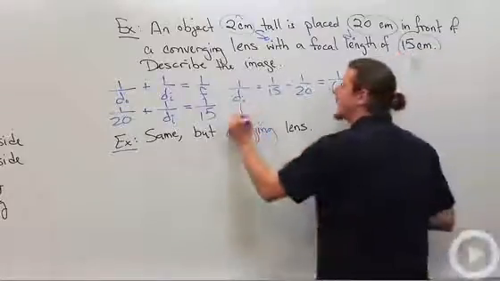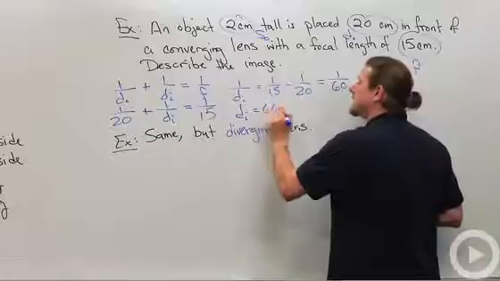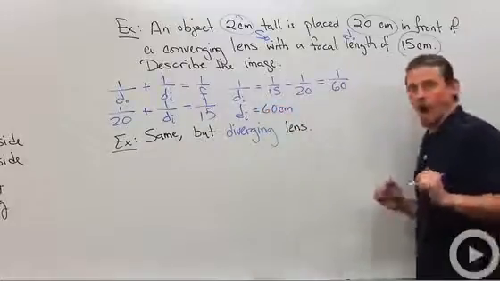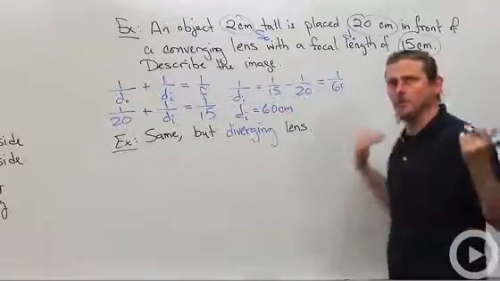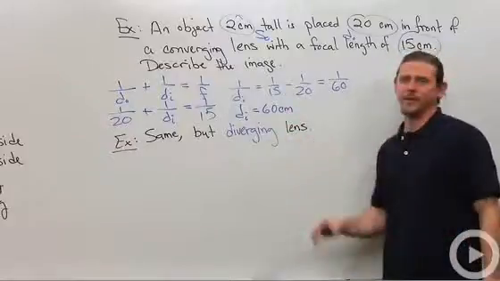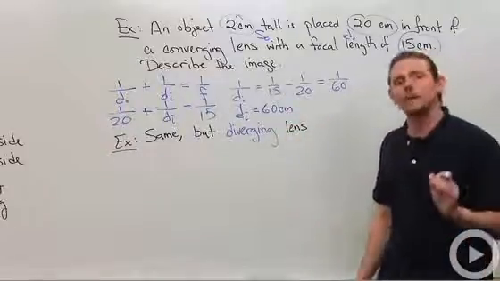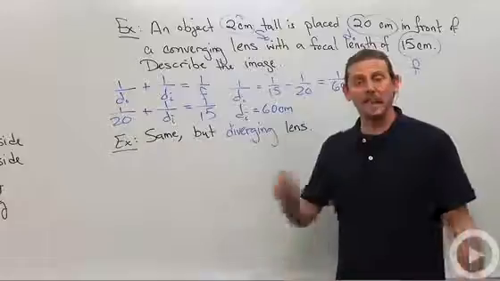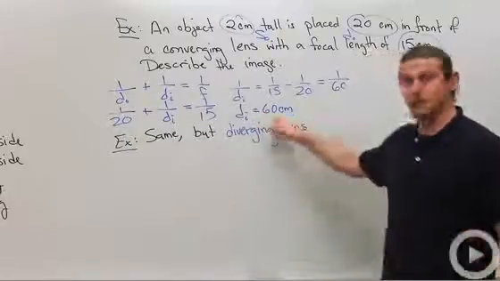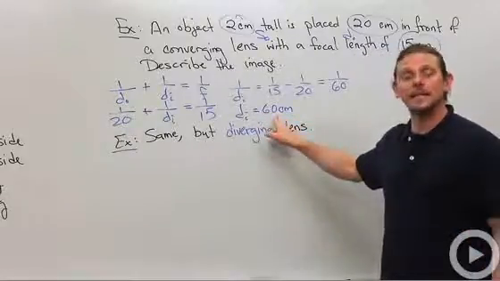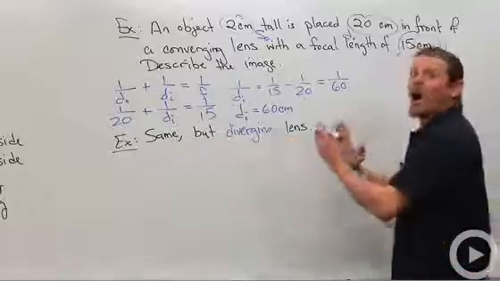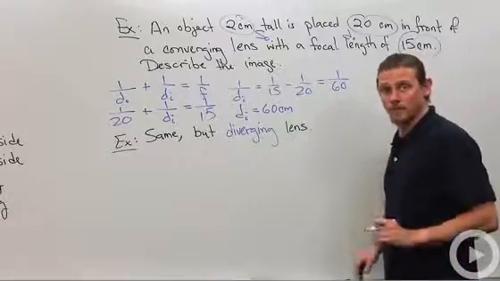So this means that DI is 60 centimeters. Now, it wants me to describe the image, not just write down DI as 60 centimeters. So what I would say is the image is a real image, DI is positive, that is 60 centimeters on the other side of the lens from the object.